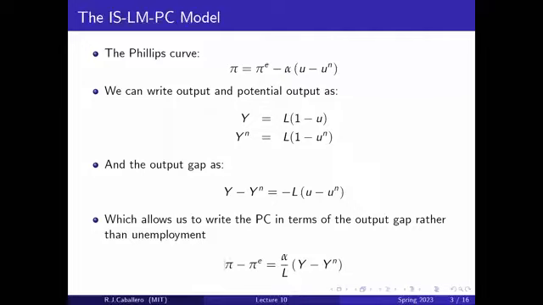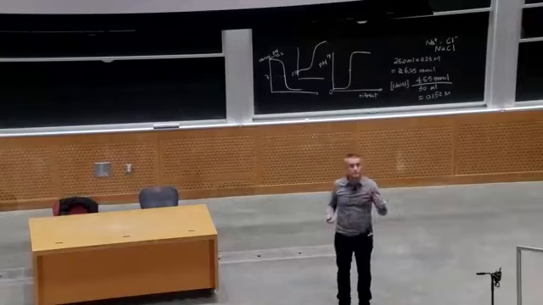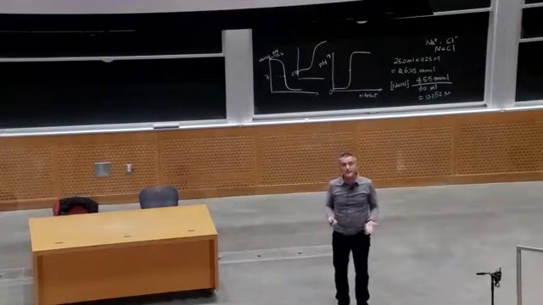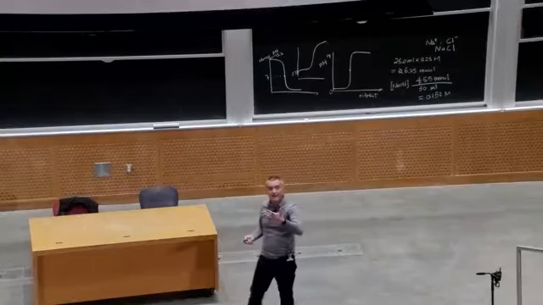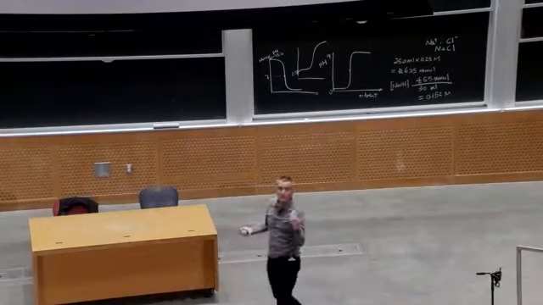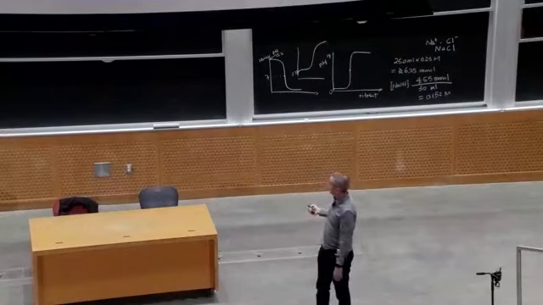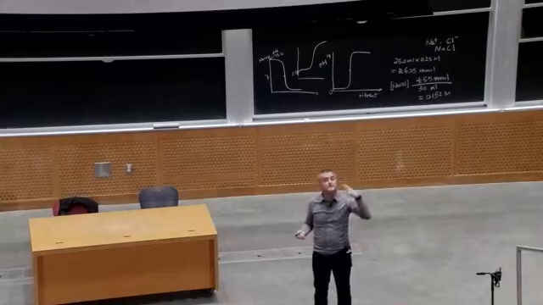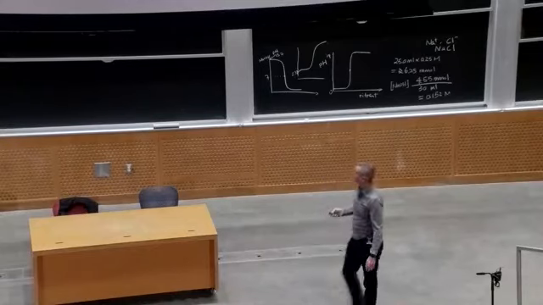And so we replace this for that expression divided by L, and we end up with a Phillips curve written in the form of an increasing function of the output gap. So when the output gap is positive, then inflation will exceed expected inflation. If expected inflation is unanchored, that is, expected inflation is equal to lagged inflation, then a positive output gap leads to an increase in the inflation rate, okay?